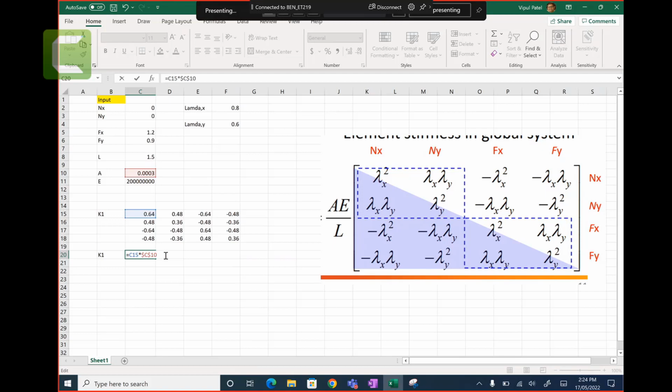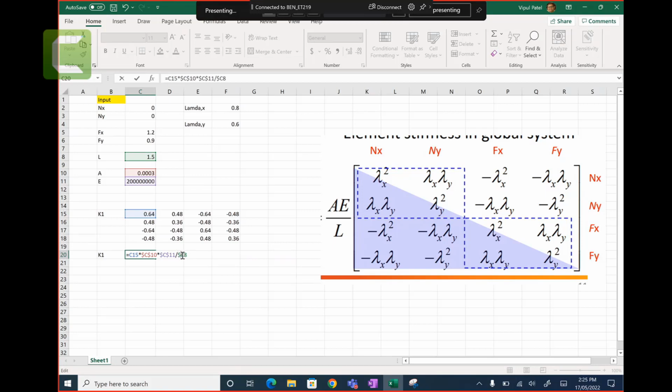Constant times E, lock it. Divided by length. Again lock. Require bracket.